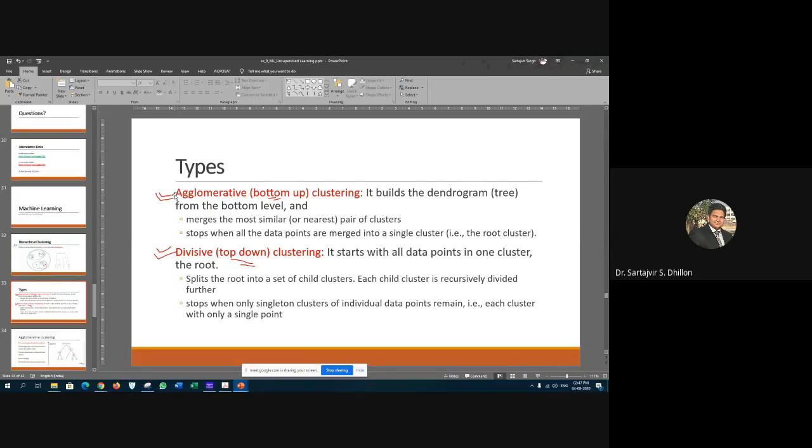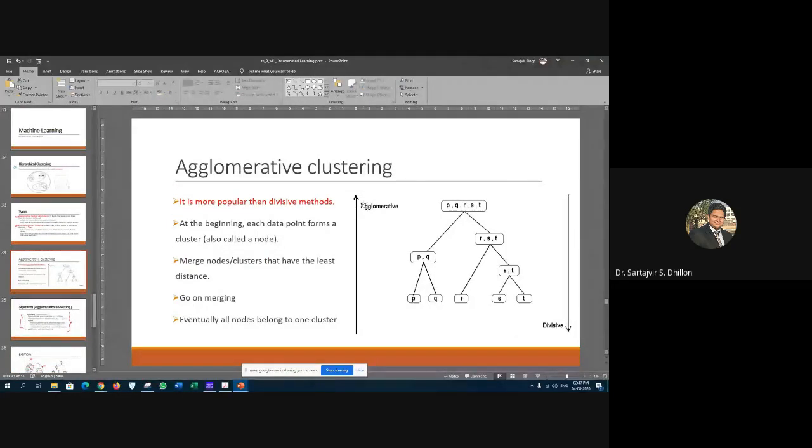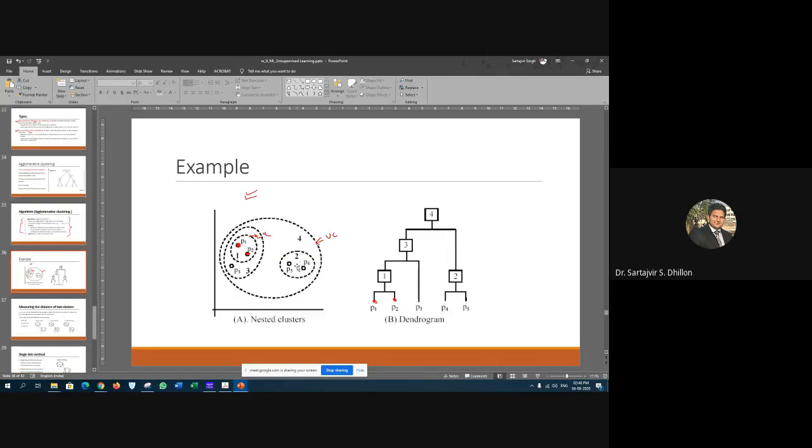The first is agglomerative, which follows the bottom-up approach, and the other is divisive, which follows the top-to-bottom approach. Agglomerative follows the bottom-to-upper approach, and the other follows the top-to-bottom approach. These are the two types, and these are the examples that we have covered.